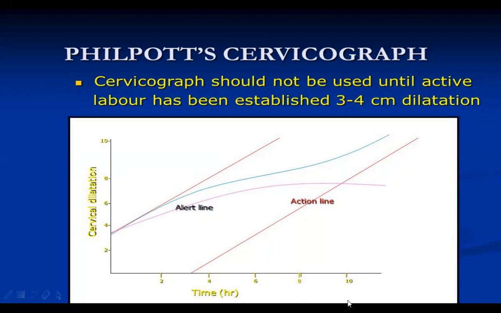So in hours, we plot 3, then 4, 5, 6, 7, 8, and then 10. These are the lines we draw, and that is called a cervicograph. We have seen two graphs previously, the partograph, and this one is the cervicograph.